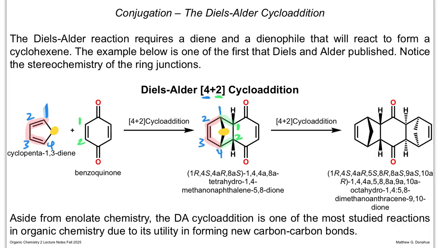Then if you strip away all the other stuff that's bonded there, what ultimately is produced is a cyclohexene. So the product of every Diels-Alder is going to be a cyclohexene. And then all the other stuff that comes along with the starting materials, it's still bonded there. But that's the pattern you're looking for.